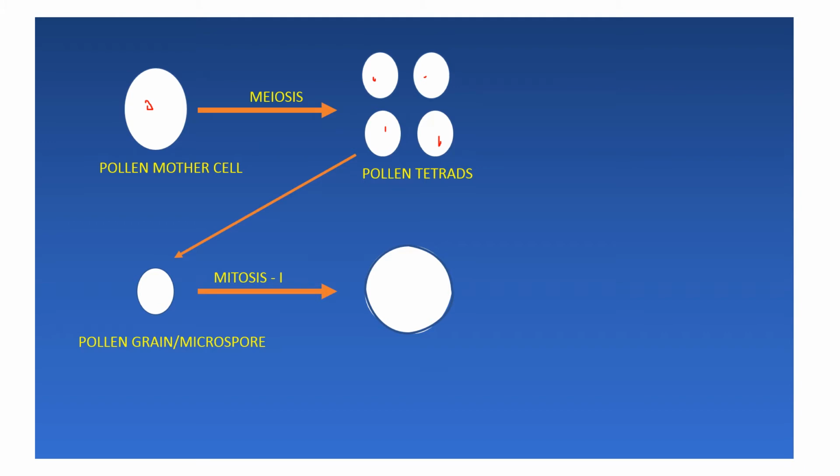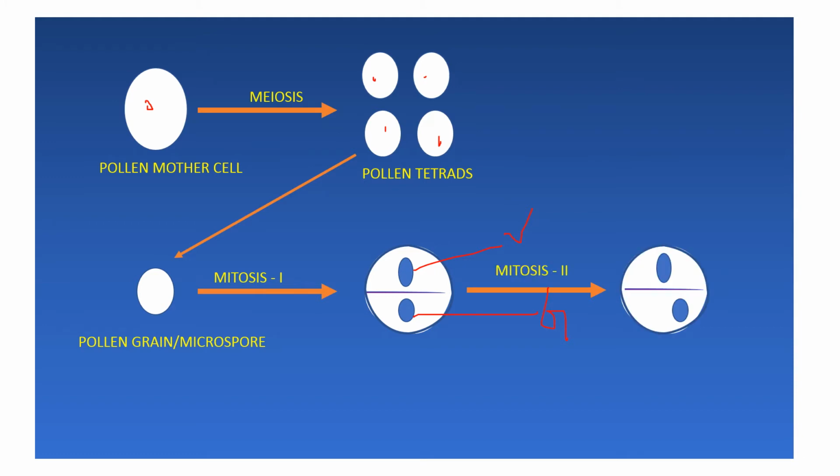So we know that the pollen grain or microspore undergoes mitosis 1, the first mitotic division, which leads to the formation of the vegetative cell and the generative cell. Then it undergoes a second mitotic division. Already the vegetative cell and generative cell are present. This generative cell again undergoes the second mitotic division and forms 2 male gametes.